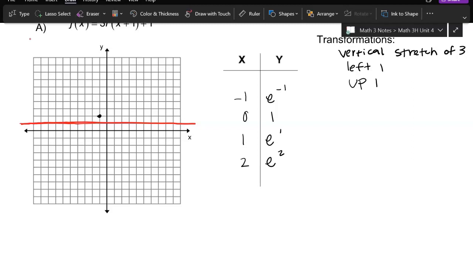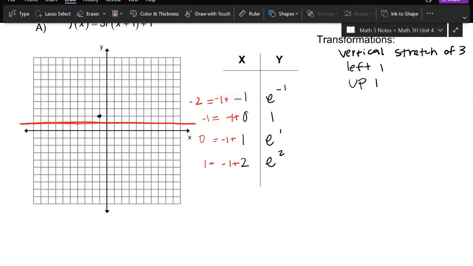So on the x, we're going left 1, so we're going to subtract 1 from each of these. So we'll get negative 2, negative 1, then 0, then 1.